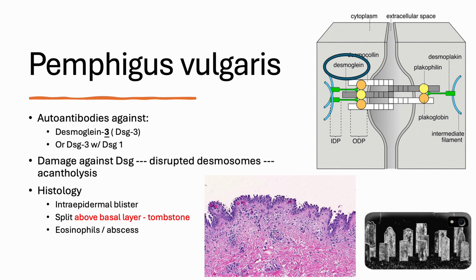So at that time, whenever people saw this tombstone sign, they were implying not only the morphology on this H&E, but also a very high mortality rate. Almost they were seeing the tombstone in a few months. And another feature is that pemphigus vulgaris can have many inflammatory cell infiltrates, predominantly eosinophils, and even forming some eosinophilic abscesses.